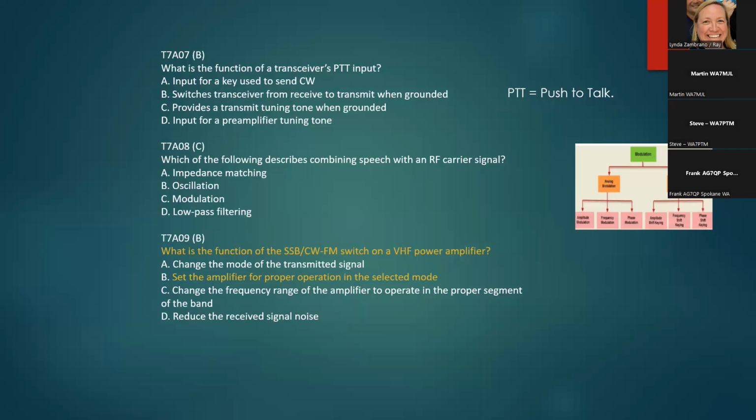Some VHF transceivers do support both single sideband SSB and CW, which is code. Anyway, to make sure that the power amp is in the proper configuration for that mode, they have a switch that lets you select which of those modes you wish to use.